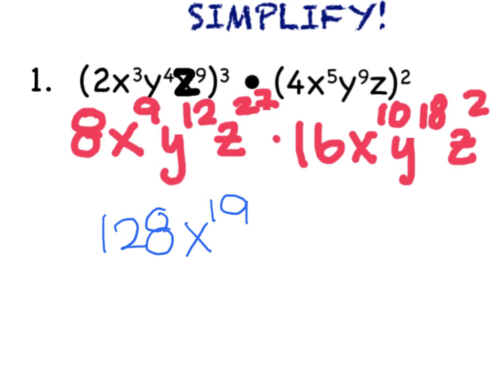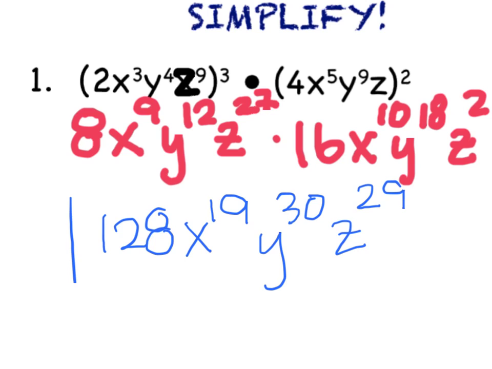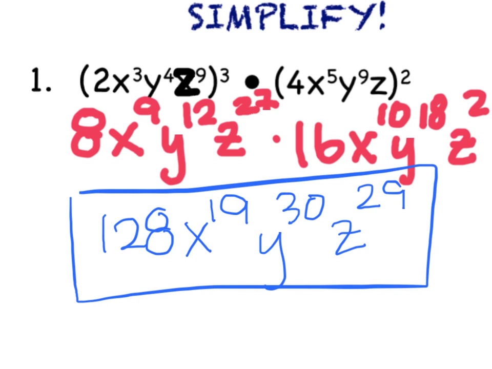Y to the 12th times y to the 18th. That's going to give me y to the power of 30. And I'm going to finish that up with z to the power of 29. So my final answer is 128, x to the 19th power, y to the 30th power, z to the 29th power.